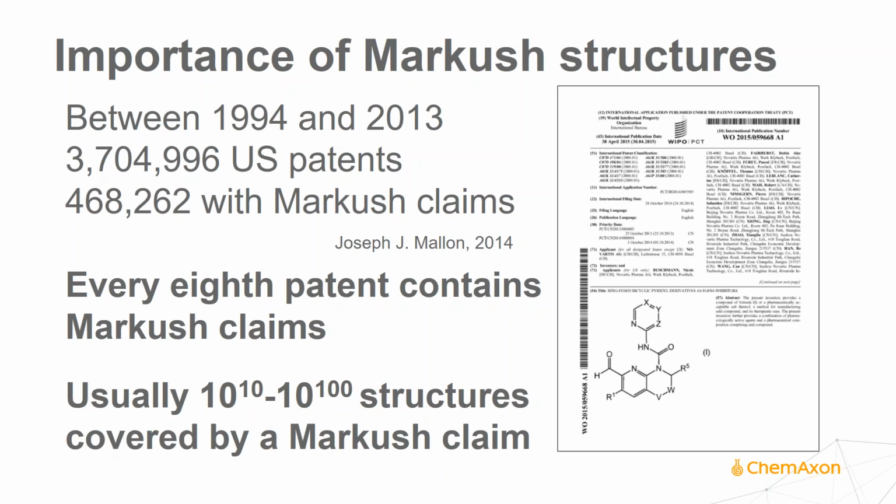And what is very important, these Markush claims usually cover a very huge number of molecules, theoretically. So this chemical space can't be handled by enumerating all of them and searching them. You need some more sophisticated solutions to analyze this chemical space, because this size of compounds can't be handled with the standard chemical tools.